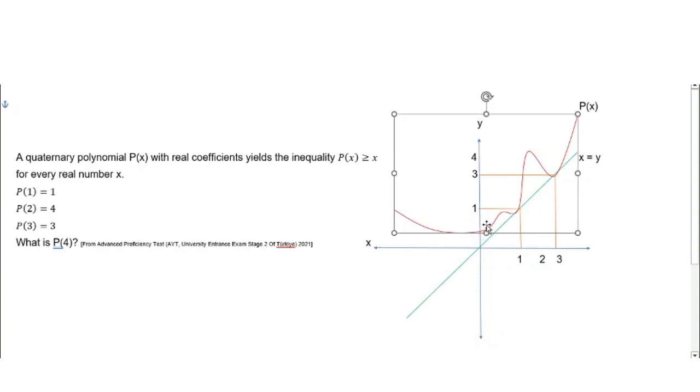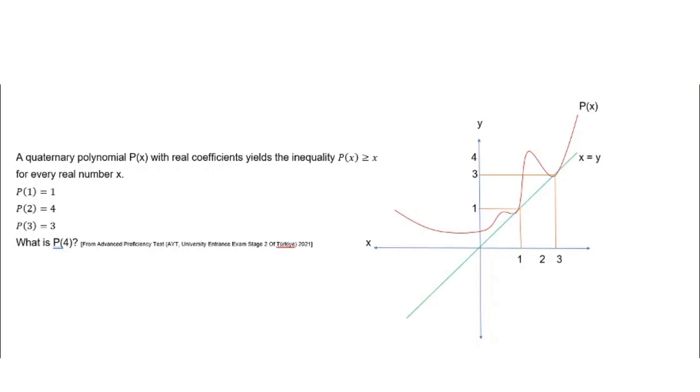It goes like this and touches 1, and it goes upper because we have P(2) equals 4, as shown there, and then it comes down. We have P(3) equals 3, and it's going like this. It might be going downwards, I don't know, but it's something like this. At least we know that these parts are like this.